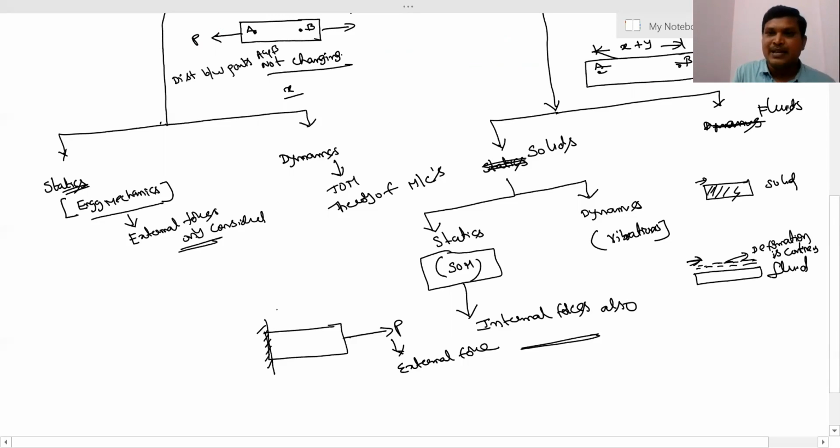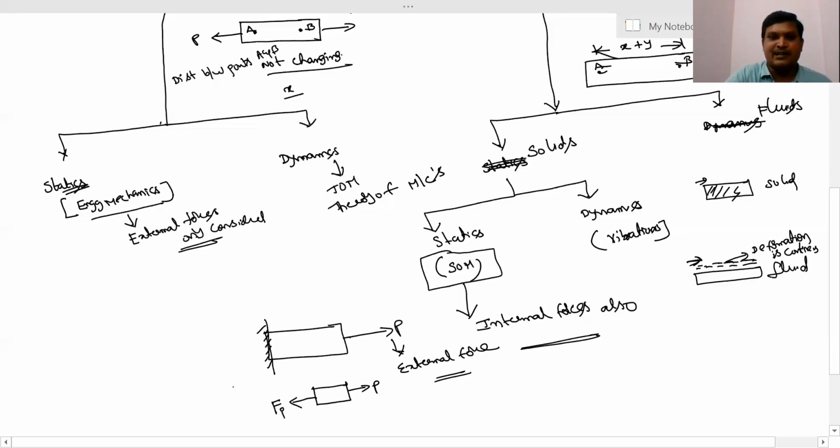Till now in engineering mechanics we consider only external forces, but in strength of materials we should always think about the internal forces. To withstand this external force, for static equilibrium of this body, definitely internal forces are generated. So this is called internal forces, Fi.